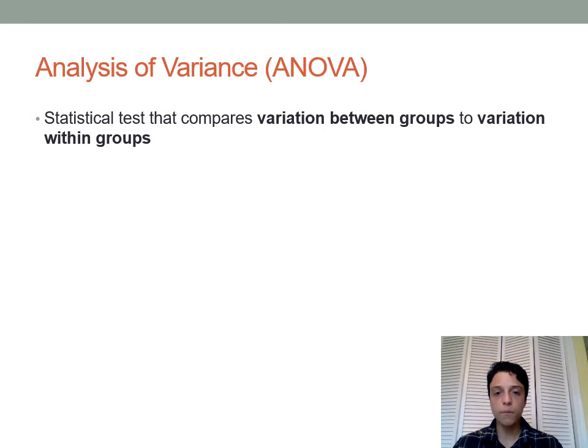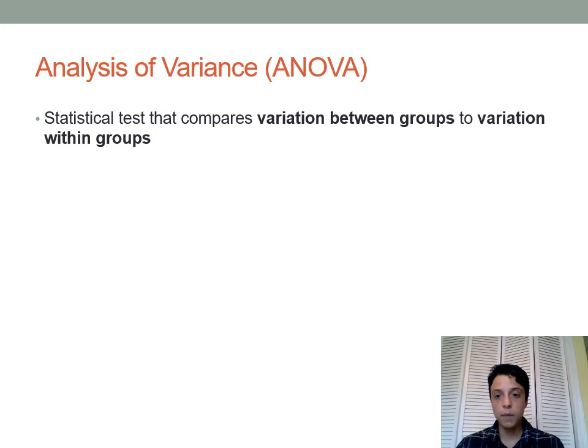So between groups refers to differences between samples drawn from different populations. If you took a sample of urban people, a sample of rural people, and a sample of suburban people, and compared the mean level of support or perceptions of fairness that each one had of the police, your variation between groups would be a measure of how different those sample means are from each other.